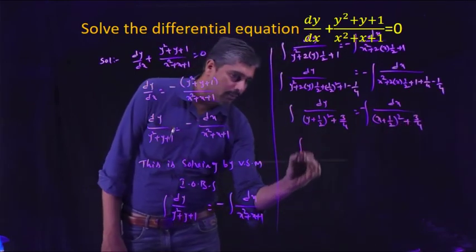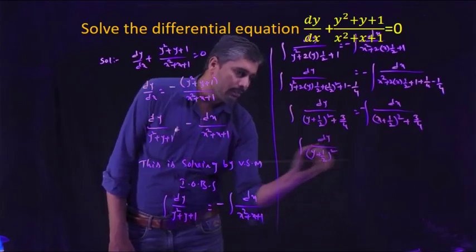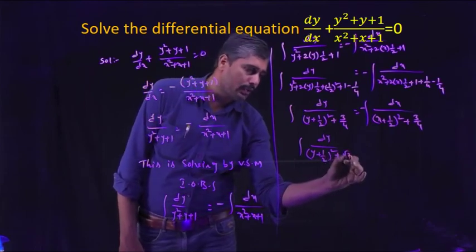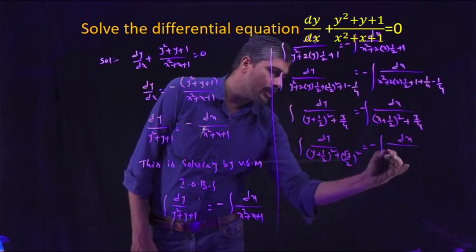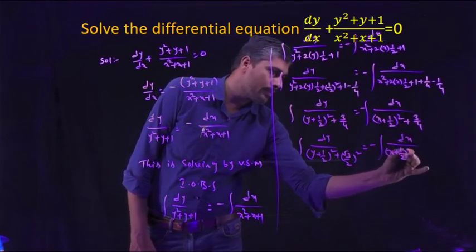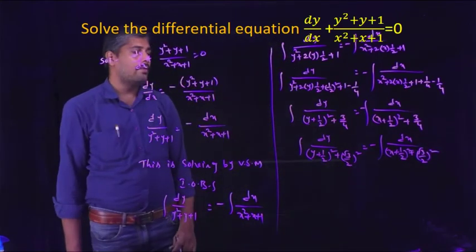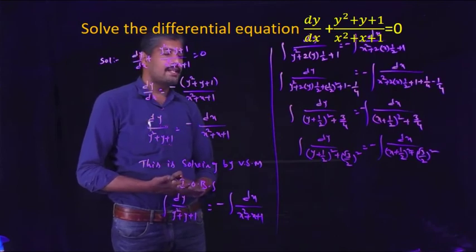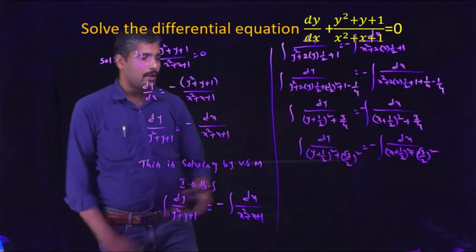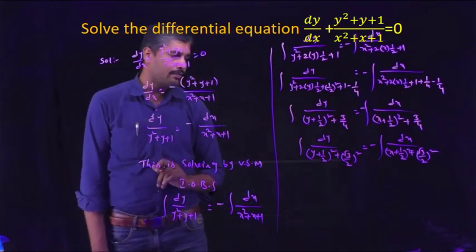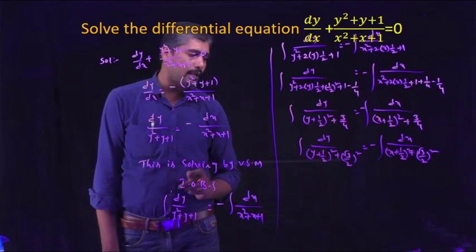Integral dy by (y plus 1 by 2) whole square plus 3 by 4, and 3 by 4 can be written as (root 3 by 2) whole square. That equals minus integral dx by (x plus 1 by 2) whole square plus (root 3 by 2) whole square. We know the formula: integral 1 by (a square plus x square) equals 1 by a into tan inverse of x by a. Here a is root 3 by 2 and x is y plus 1 by 2.